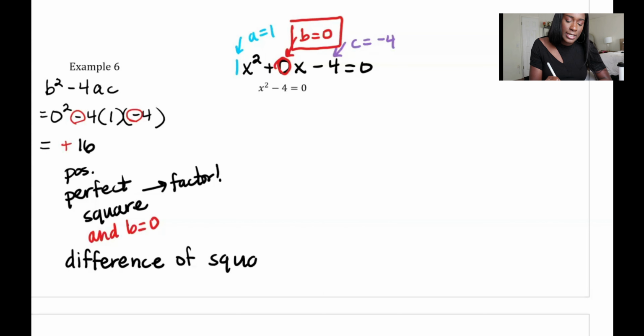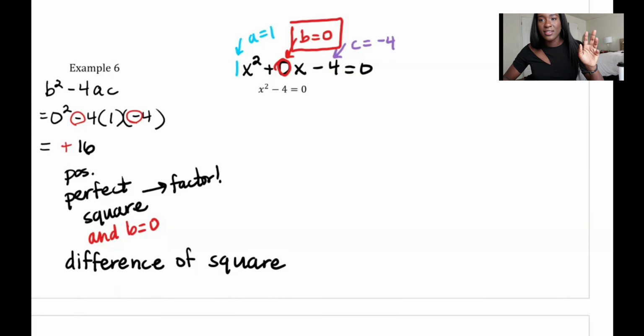So this is the second special type of quadratic equation that we have seen, because earlier we saw an example of a perfect square trinomial when the discriminant came out to be 0. I won't scroll to it, but we saw that example earlier.